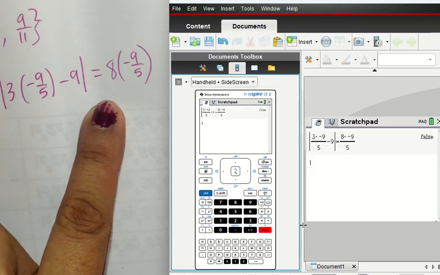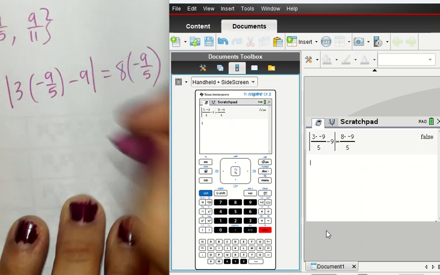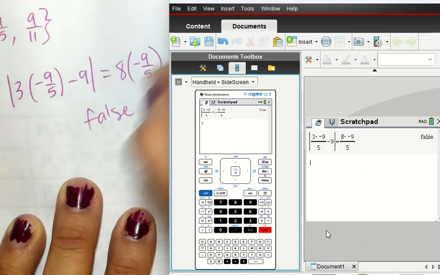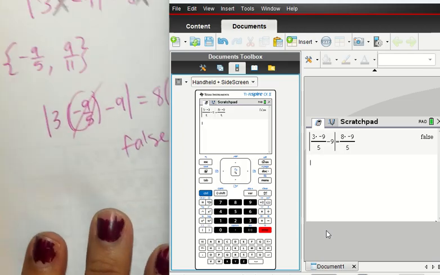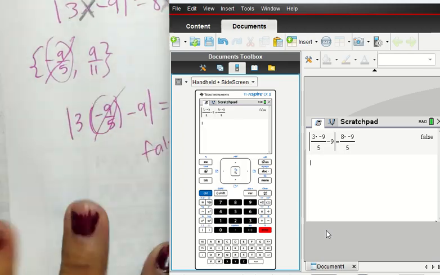And that is a false. So this is a false, meaning that this solution cannot make it true. So this is not a solution.